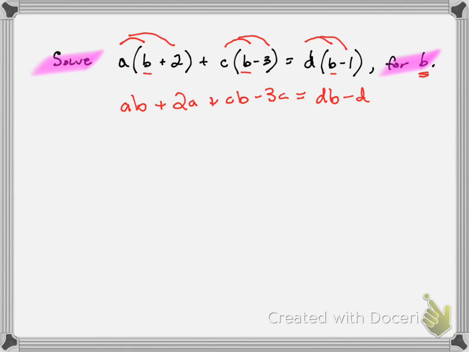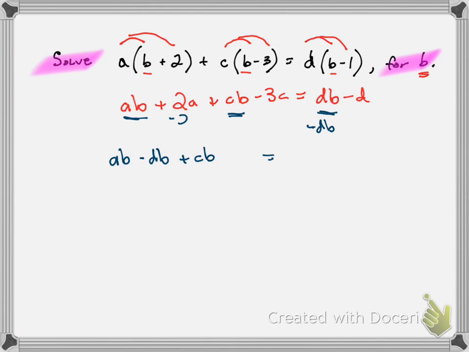Now, planning ahead, I've got a b term, I've got another b term, and another b term. Those 3 need to be on the same side of the equal sign, and everything else on the other. So I'm going to go ahead and subtract db, and I'm going to rewrite. So on the left, I've got ab minus db plus cb.